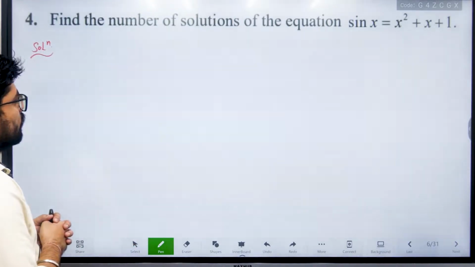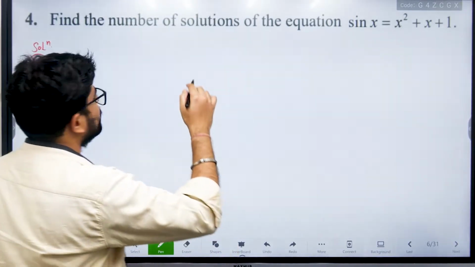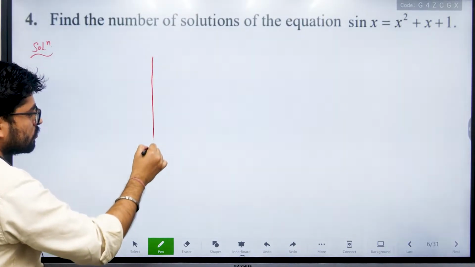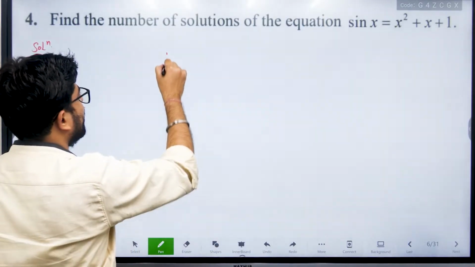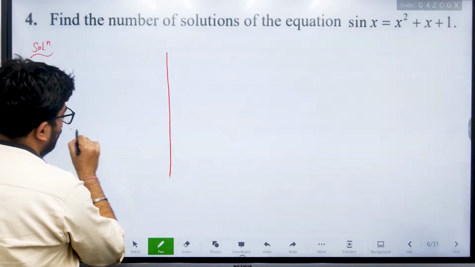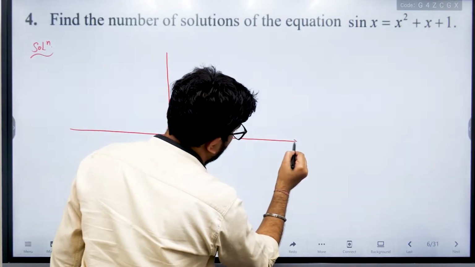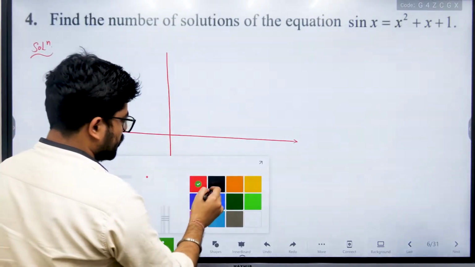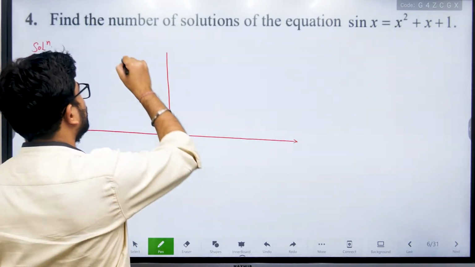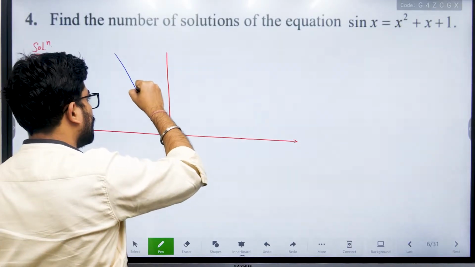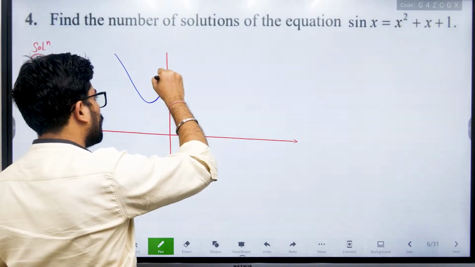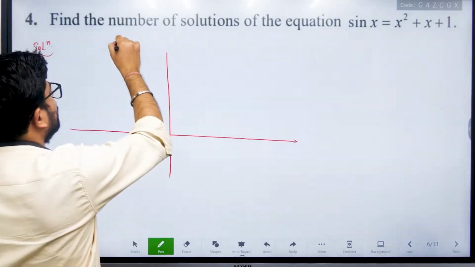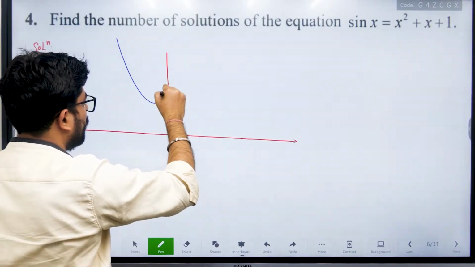First of all, let's say this is your x-axis and y-axis. The graph of x square plus x plus 1 is like this, a parabolic curve.